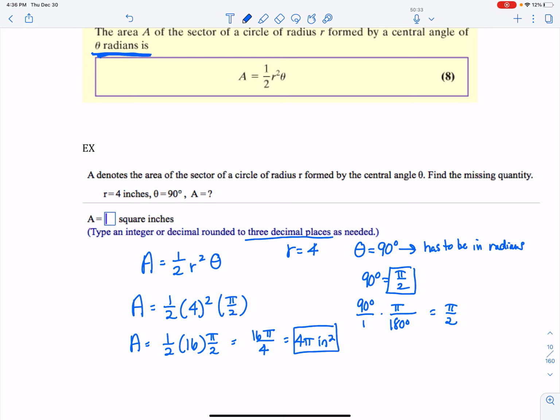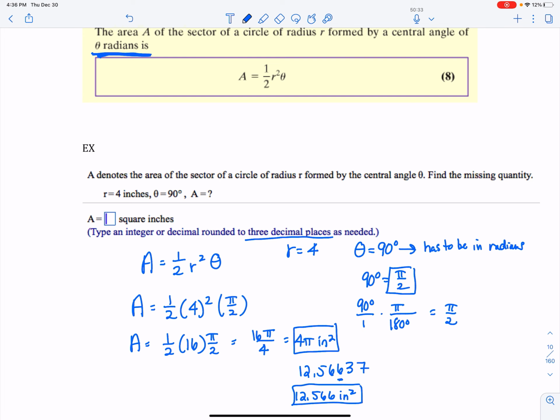And that's going to give me 12.5663. Let me write that over again, the pen didn't look too nice. 12.56637. Now it says to round to 3 decimal places, so 12.566 inches squared would be my answer. That's equivalent to 4 pi.